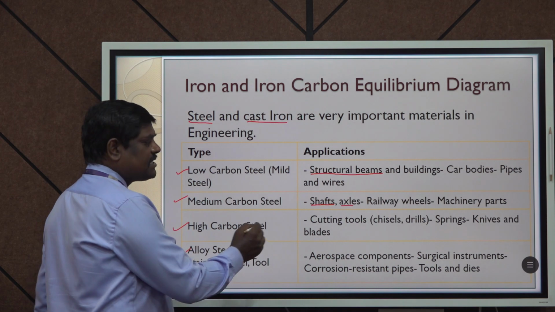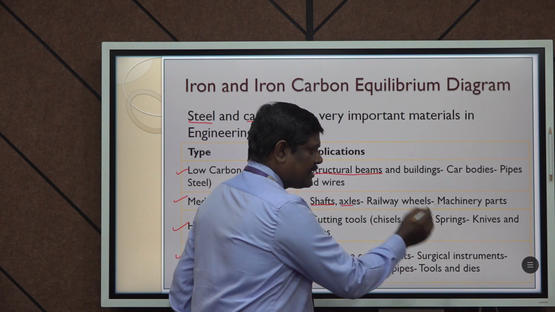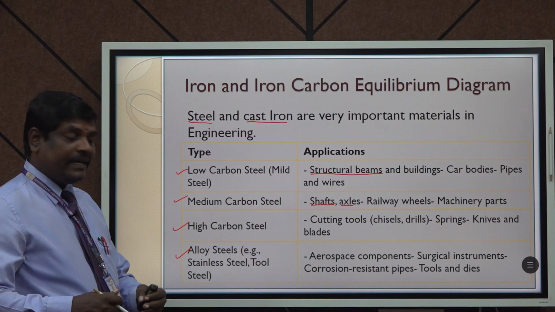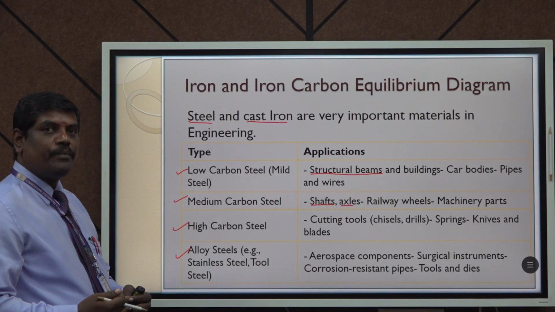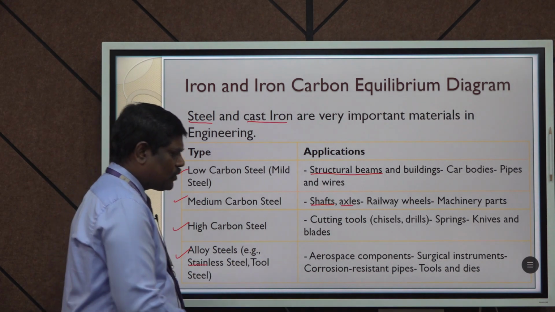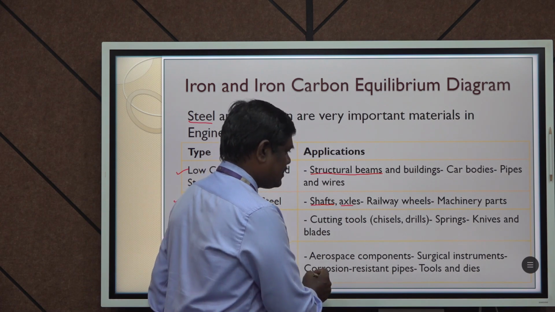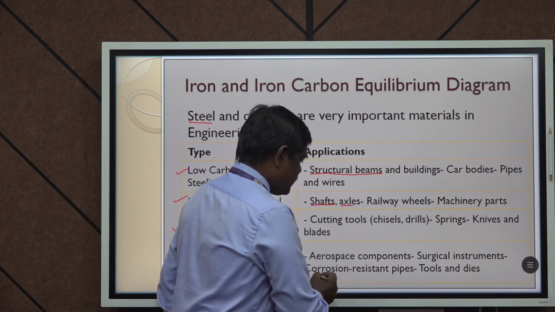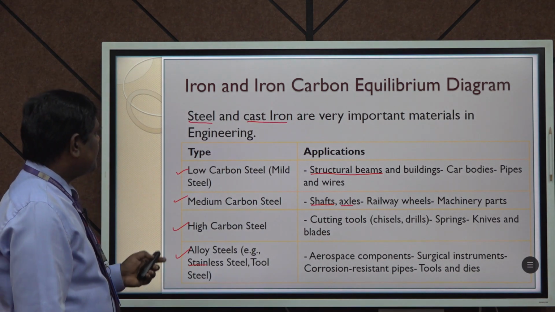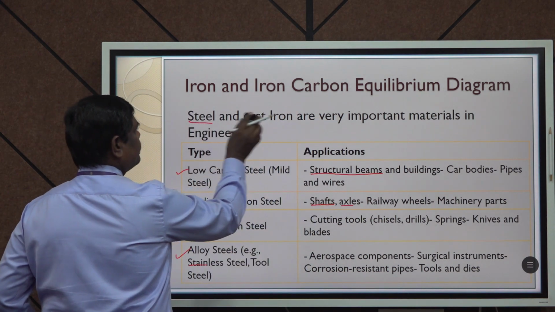Similarly, high carbon steels are extensively used as cutting tools, especially chisels, drills, and springs. Alloy steels are mixed with chromium and others, so we can get stainless steel and tool steel. Those steels are extensively used for specific properties, for example surgical instruments, corrosion resistance, tools and dies. These are some of the important applications of steel.